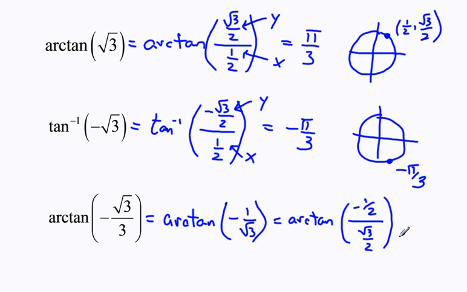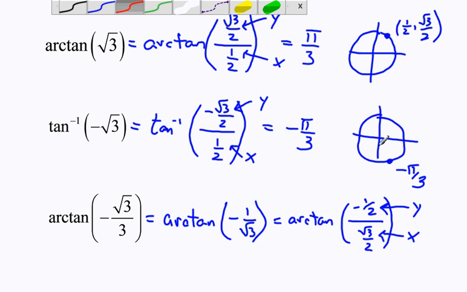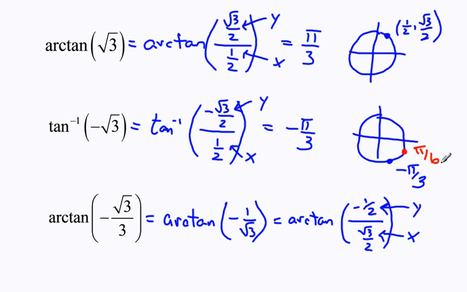And remember, this is x, and this is y. And since I'm running out of room, I'm going to go to the circle up here. All right, so x is root 3 over 2. So I'm going all the way over here, and I'm going down negative 1/2. And there it is, pi over 6. So that's going to be pi over 6, because I went over root 3 over 2 and down 1/2.